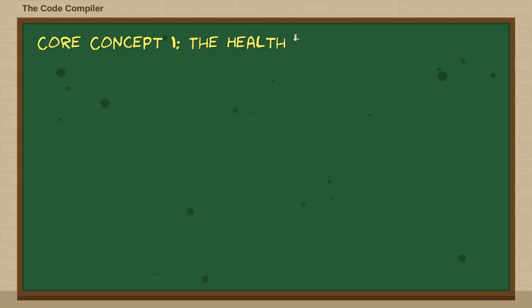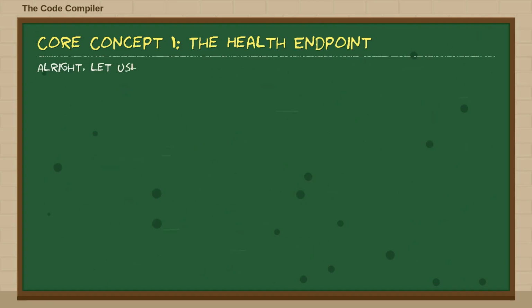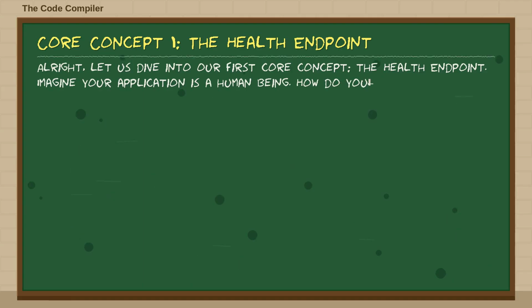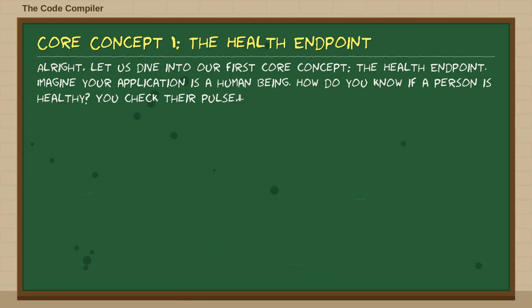Alright, let us dive into our first core concept, the health endpoint. Imagine your application is a human being. How do you know if a person is healthy? You check their pulse, their temperature, and so on.